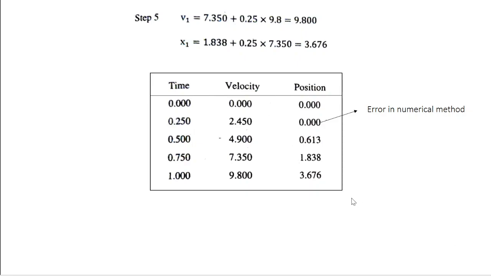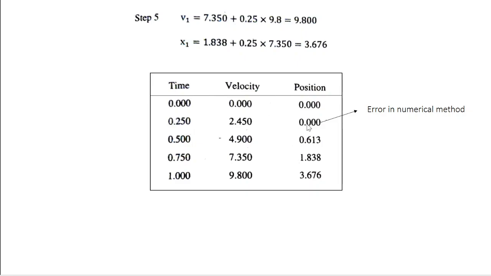And this doesn't make sense, right? Because your object has a certain velocity, but the position hasn't changed. A body can acquire velocity only if there is a change in position. So this is the error associated with the numerical method, and this is kind of inevitable. It's going to be there always.